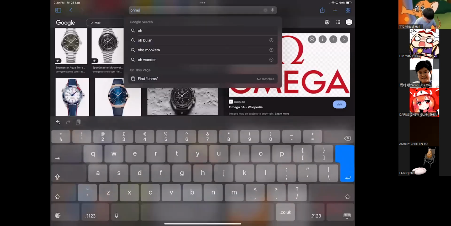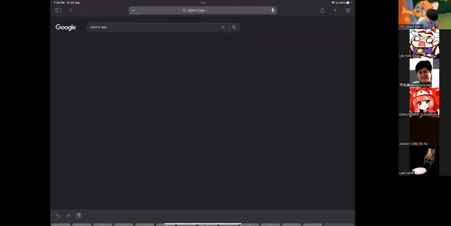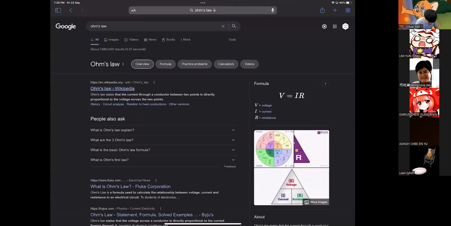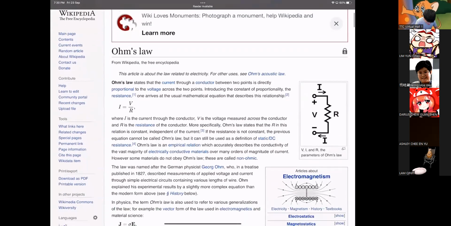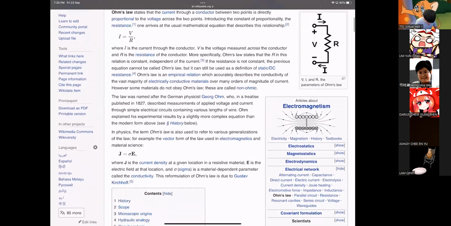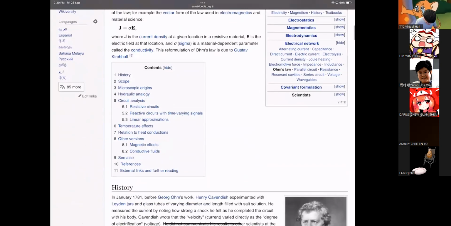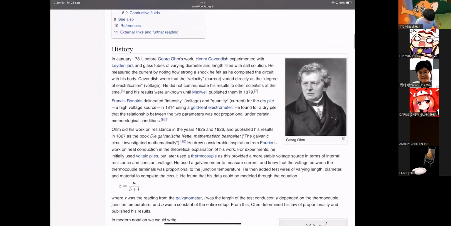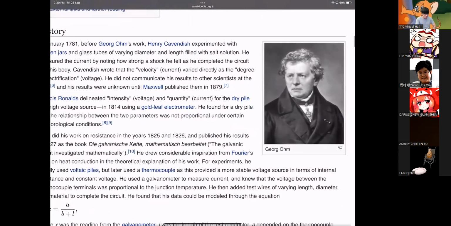Okay, it's a person. He found this thing. George Ohm. So we call it Ohm's law lah.